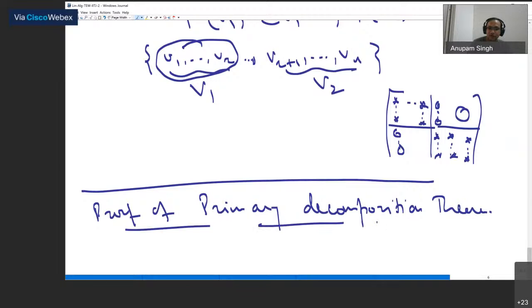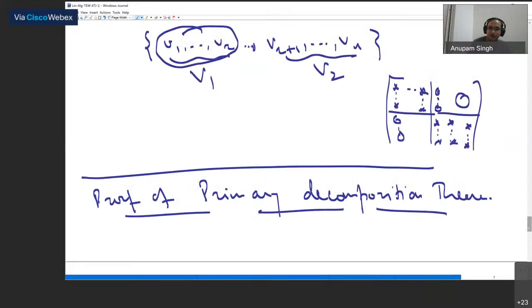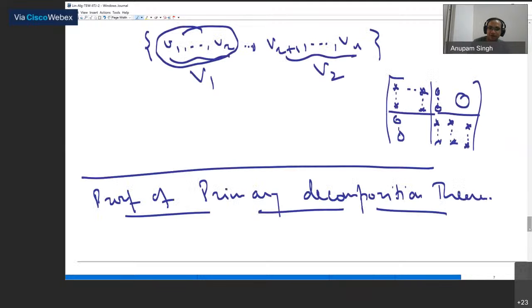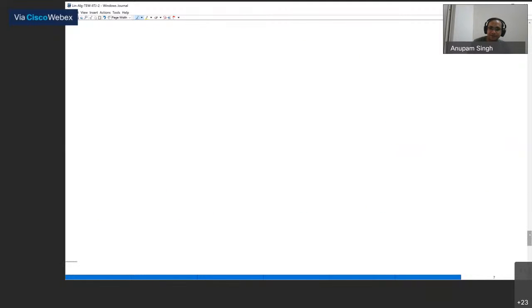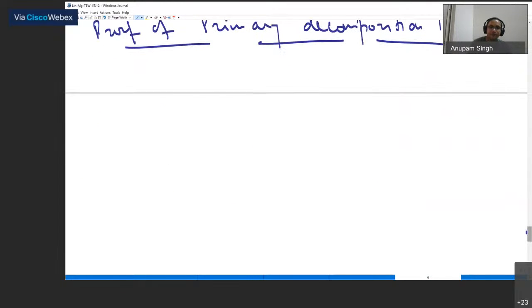So what I do is this. First of all, I have to find what are these Vi's, right? If you can make a correct guess for these Vi's, half of the job is basically done. So here is what I claim.